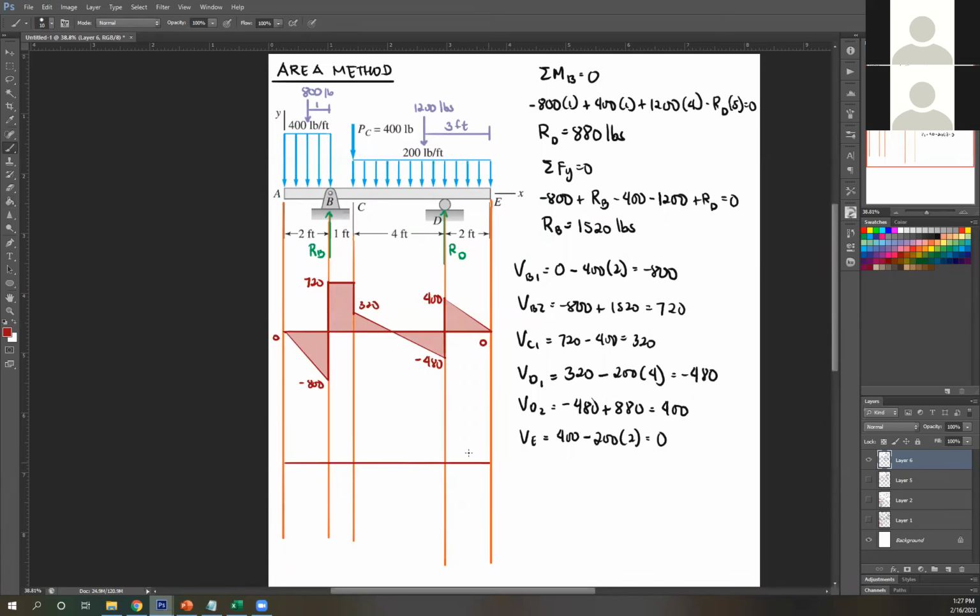Next, let's try if we can finish the moment diagram. Again, start at 0. There's no applied moment here. This is below your reference line, so slope is negative, and as it's one degree higher, it's parabolic. So MB is equal to MA plus area of your shear force, this is a triangle.